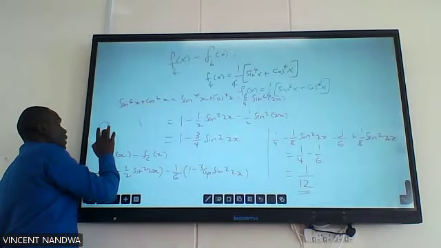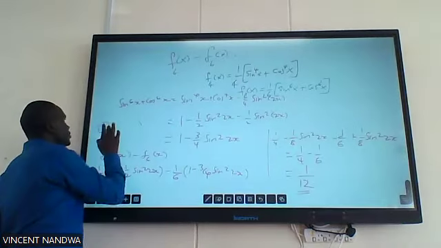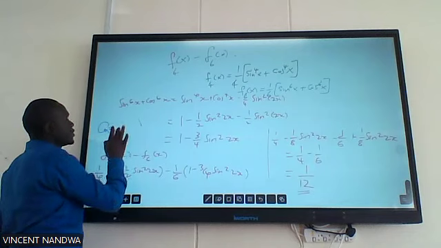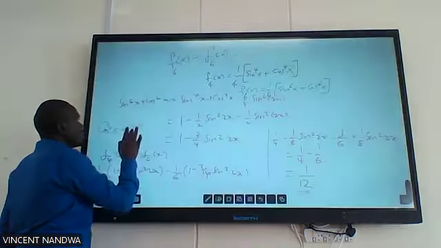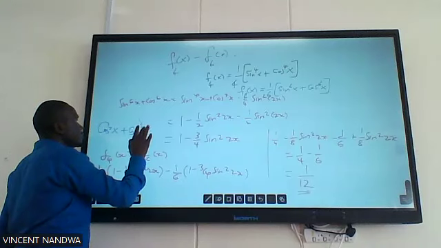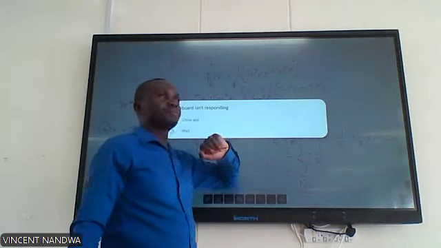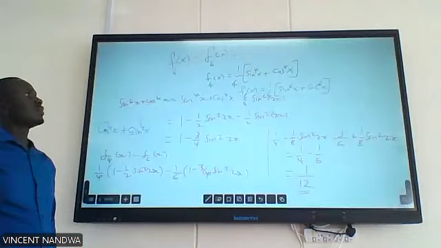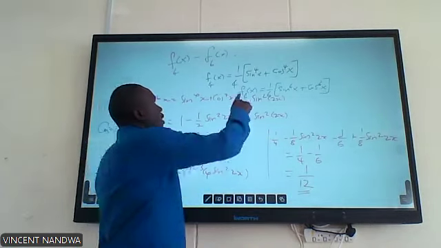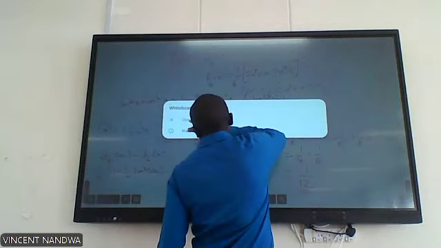that probably we need to apply this Pythagorean identity, because of the even powers of the sine and cosine. So then now, this sine power 4 and cos power 4, this bracket alone.